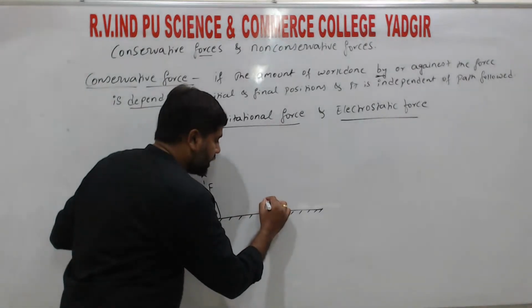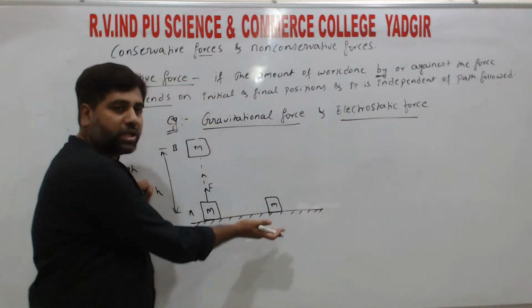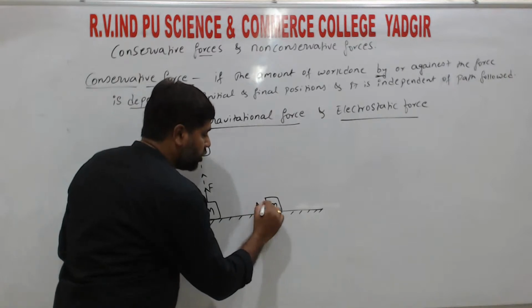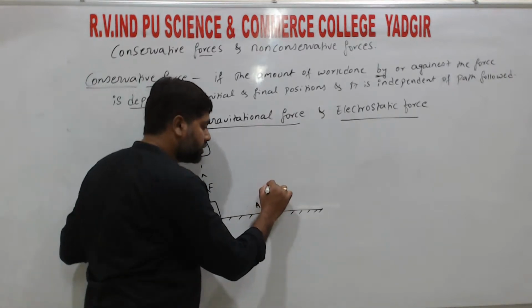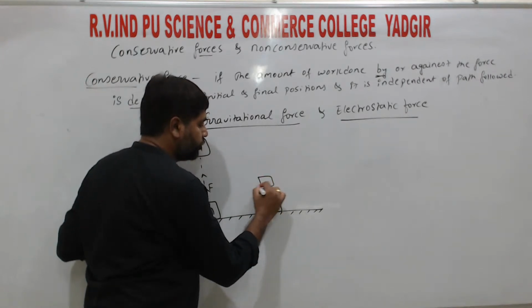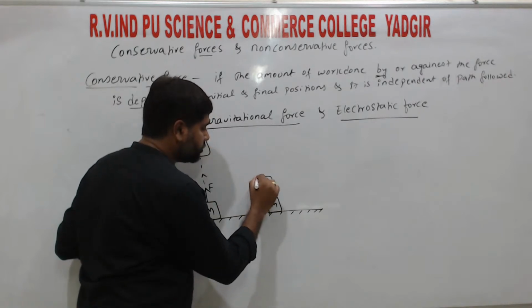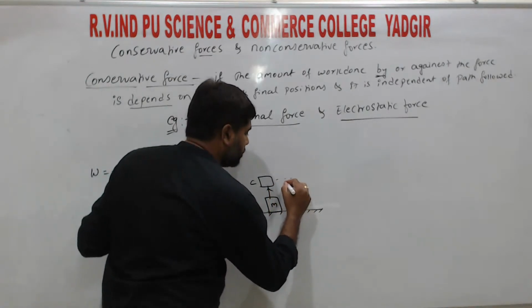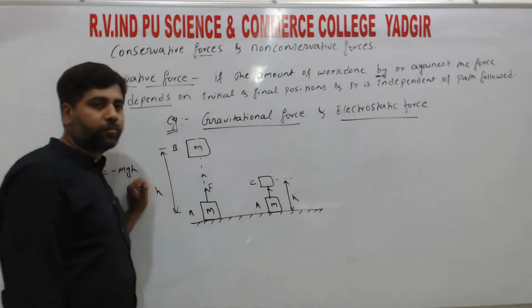So again considering the same object of mass m initially on the ground, or on the surface. We call that position A, right? So now I am applying some force to lift the object. This point is C, right? So we take this height as h1, right?